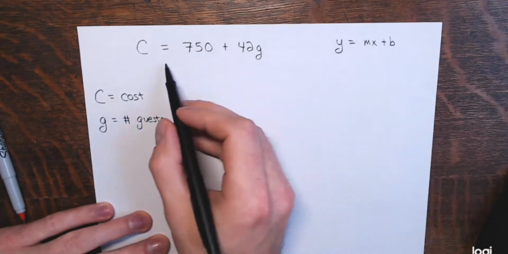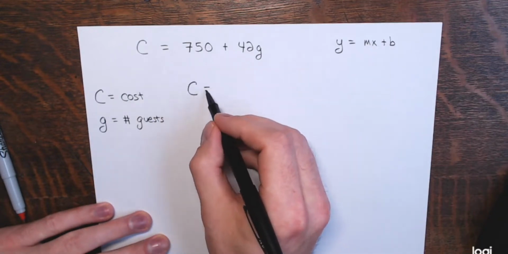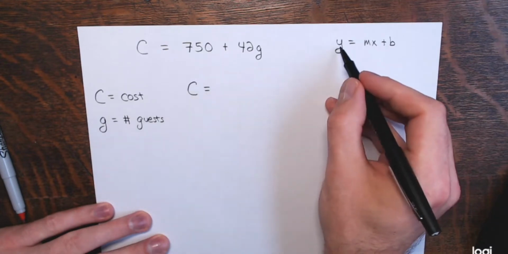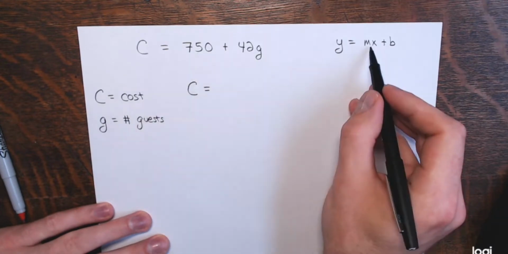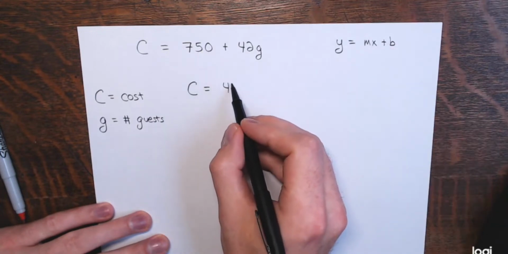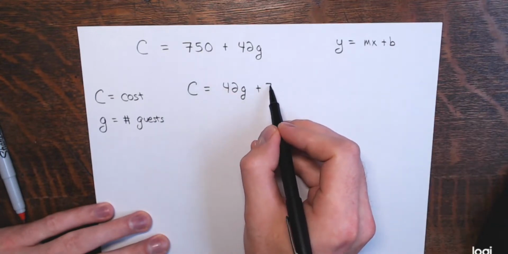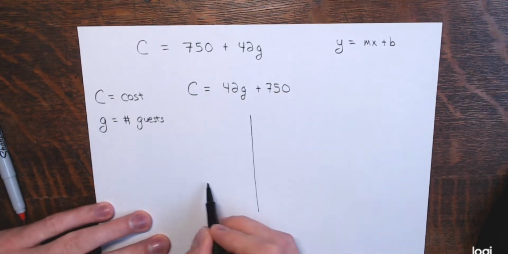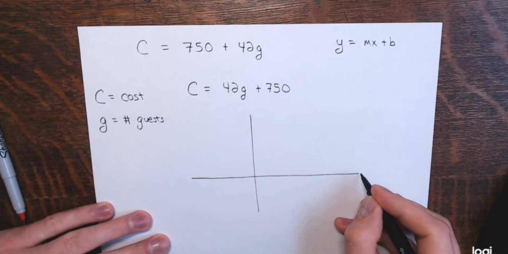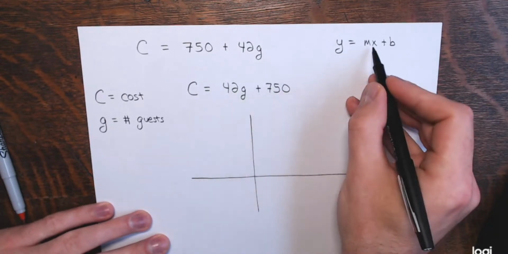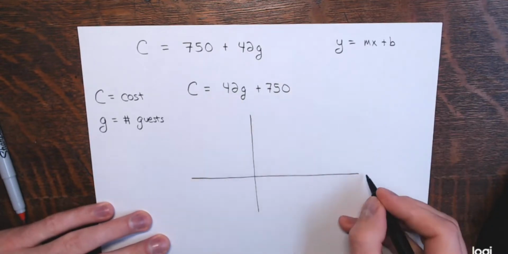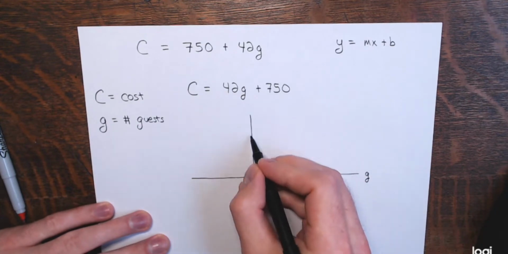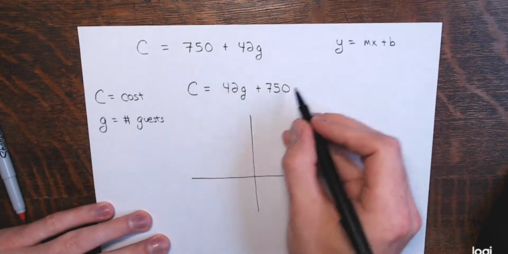So if I write this in the same order, C is like the y, the cost is like y. And then put this in the variable term and then the constant term order, you have 42G plus 750. And if I were to graph this, the horizontal axis, instead of being the x-axis, would be called the G-axis, for the number of guests. And the vertical axis, instead of y, is called C now, cost.